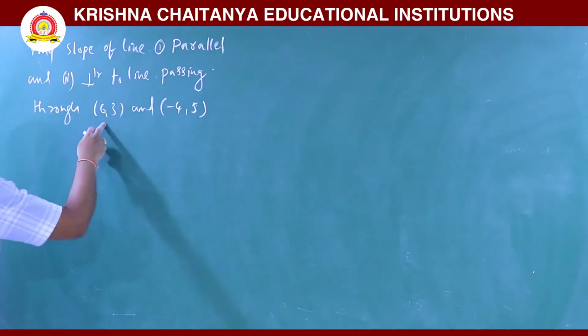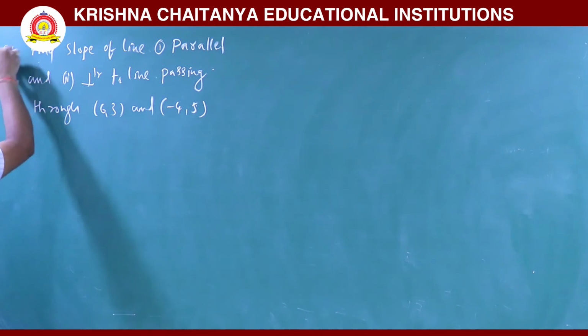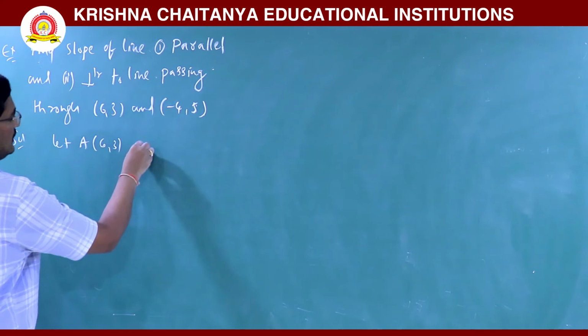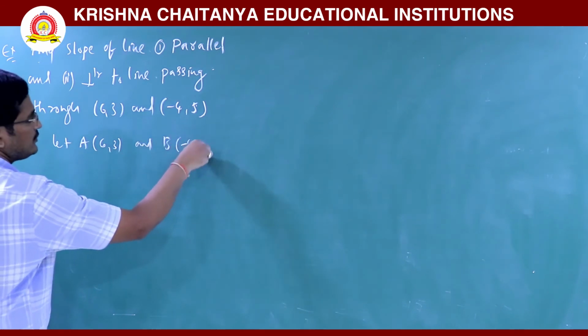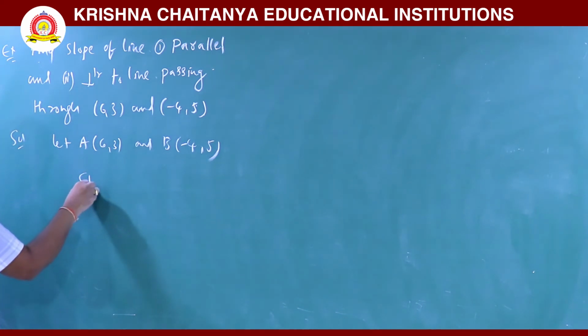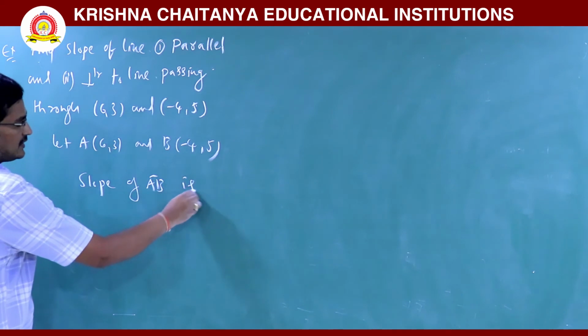Let A be the point 6 comma 3 and B be the point minus 4 comma 5. What is the slope of AB bar? I am taking the slope as m.